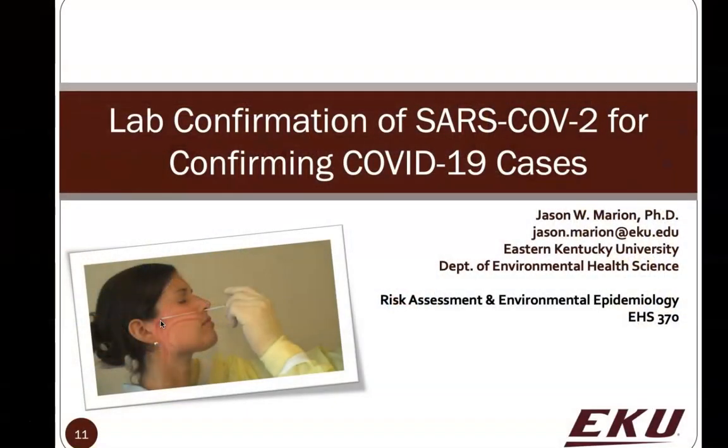However, that area here in the back of the nose where it meets the pharynx is the most sensitive, meaning that if a person's carrying the virus, if they truly have the virus, we're most likely to actually find it by looking there.